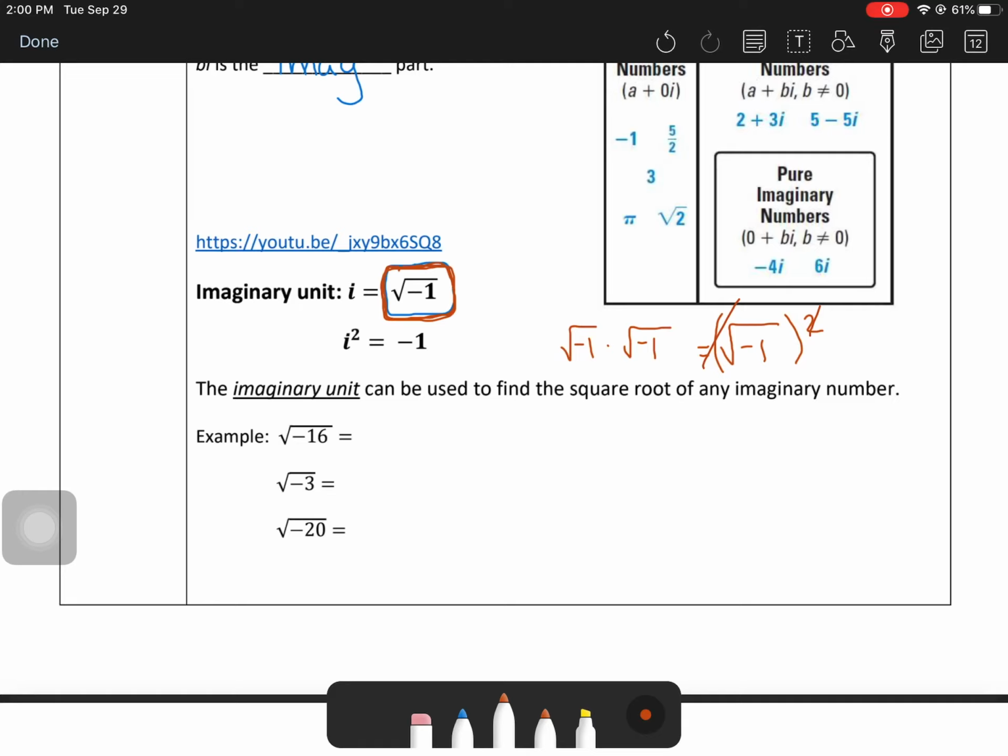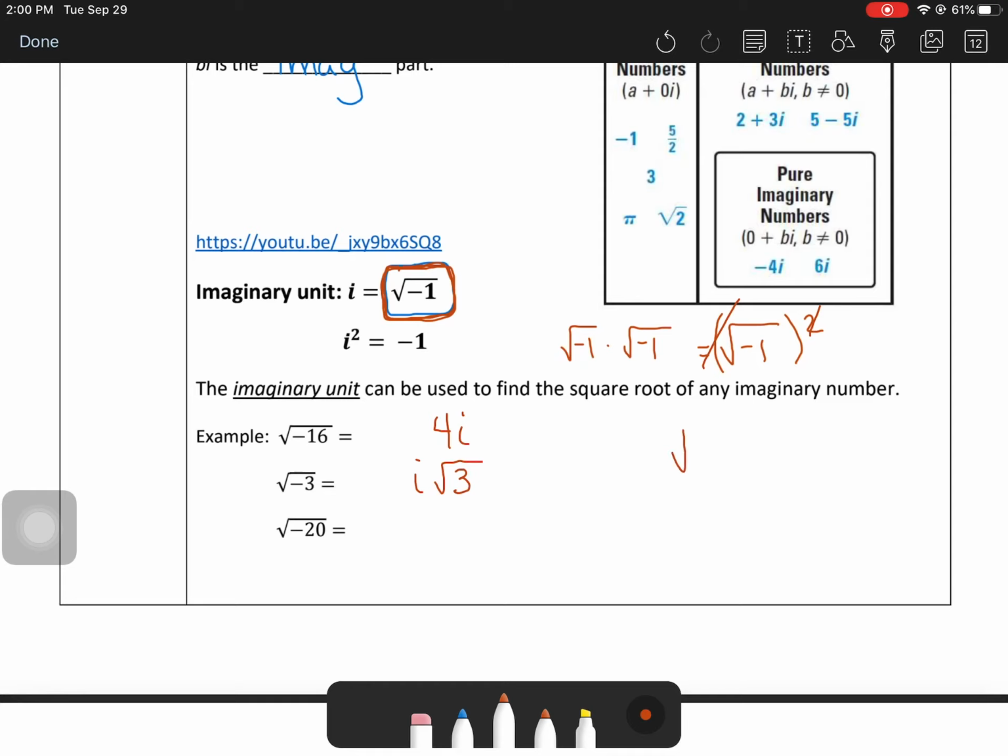So the imaginary unit can be used to find the square root of any negative number. So the square root of 16 is 4, and the square root of -1 would be i. The square root of -3: the square root of 3 would be a decimal, so we leave it just as the square root of 3, but the square root of -1 is i, so the i will come out as the coefficient.